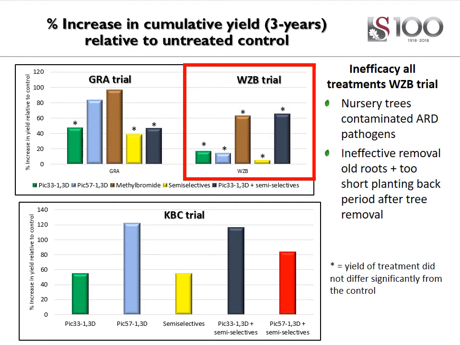The most likely reason why treatments were ineffective at this trial is because tree roots from the previously planted orchard were not removed effectively, and the new orchard was established too soon after removal of the previous orchard, being not longer than 1 year. Alternatively, it is possible that the nursery trees were contaminated with ARD pathogens, which can also render fumigation and other treatments ineffective.